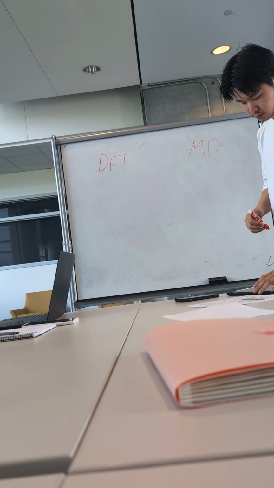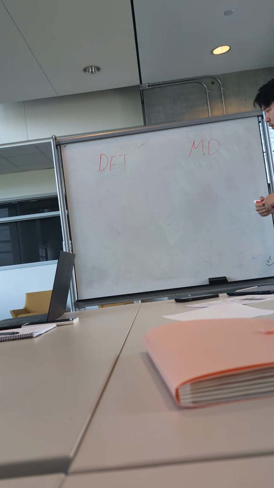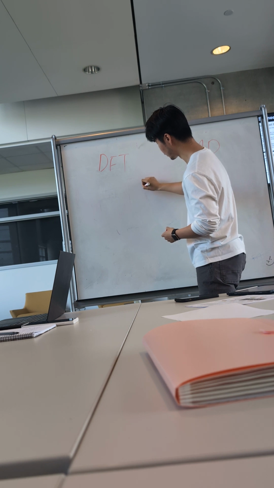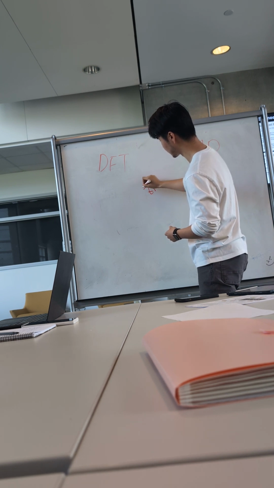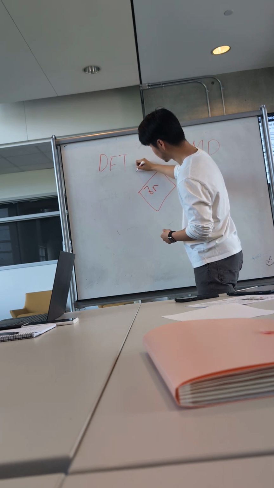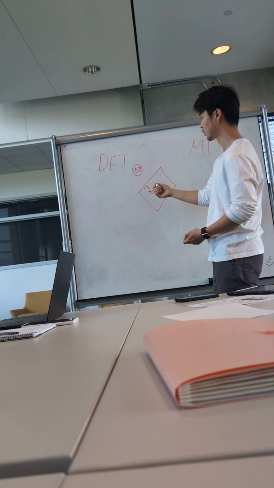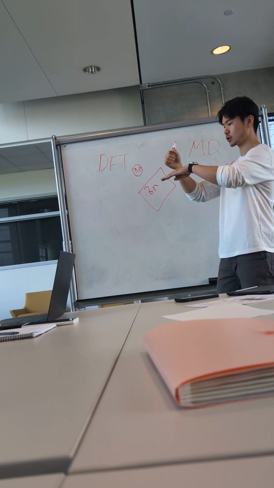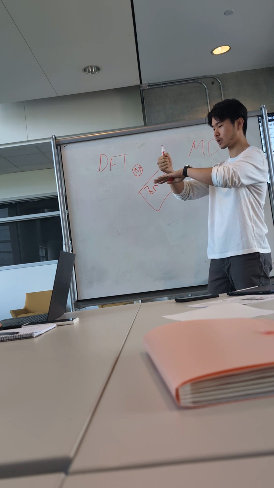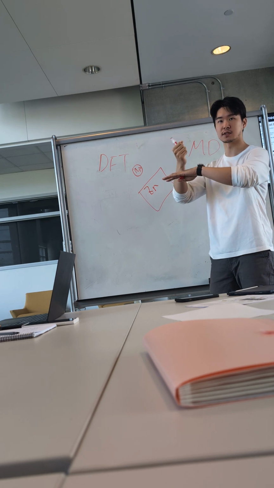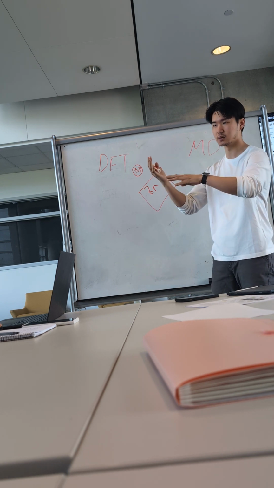Just to give you an idea how computation works. For example, let's say we want to test zinc metal and H2O water, and we want to see, on the zinc surface, which direction or formation of the water molecule is the most stable and energetically favorable.